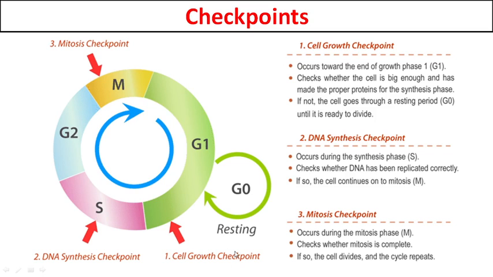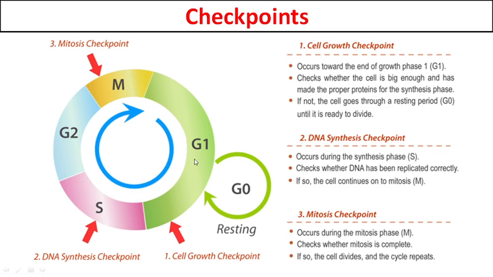Here, basically, the cell will check whether it has grown enough in size, if it has enough nutrients, if the conditions are okay, if there is no stress, there is no nutrition deficiency. Only if all these things are okay, then the cell cycle will continue to the S phase.